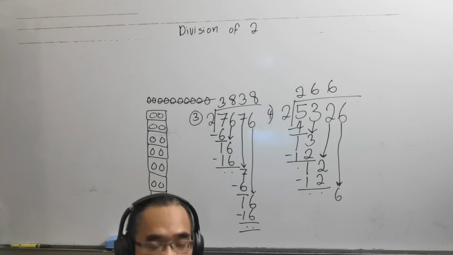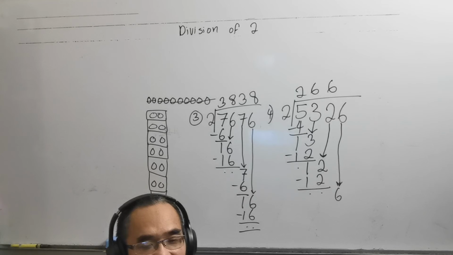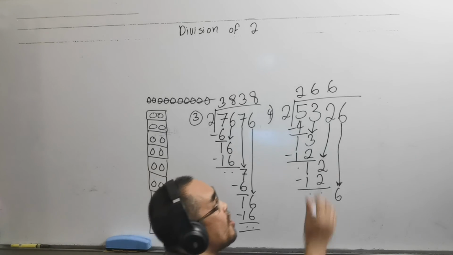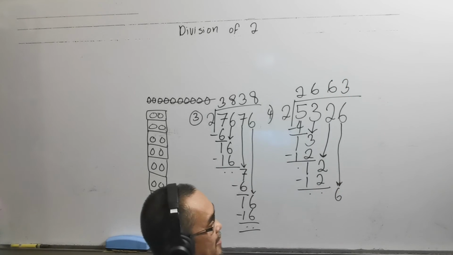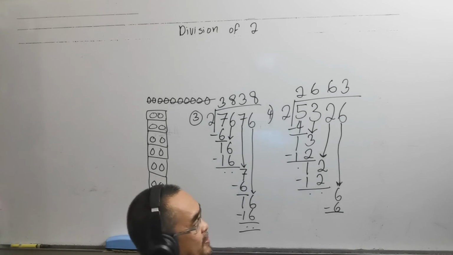Read multiplication of 2 again until 6. Where do you write down that 3? On top. And underneath 6 is written as 6 because 2 times 3 is 6.